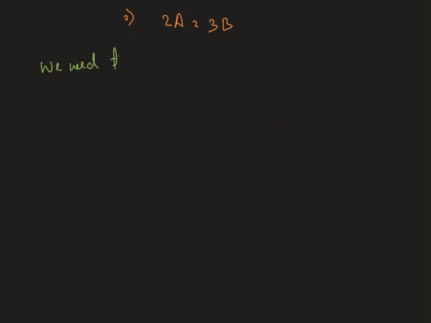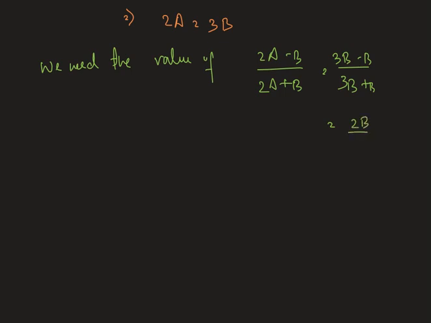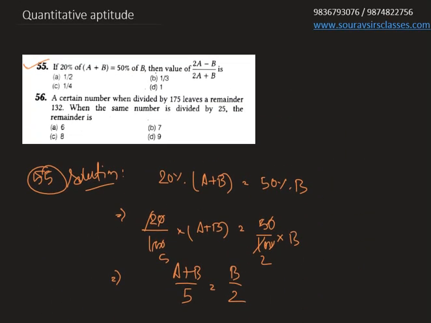Now 2a is equal to 3b. So our answer reduces to 2b divided by 4b, which is nothing but half. So option A is the right answer.